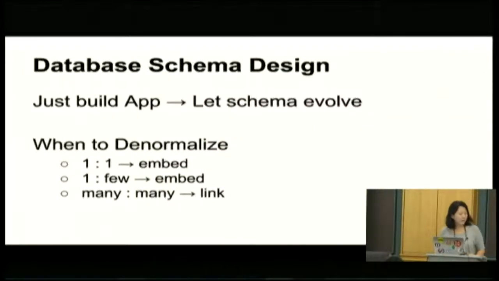With MongoDB and application development in Meteor, you just build the app and let the schema evolve. That's a principle from MongoDB. A good rule of thumb in database design is knowing when to denormalize.